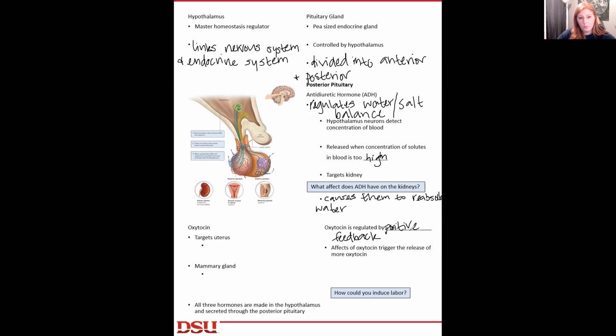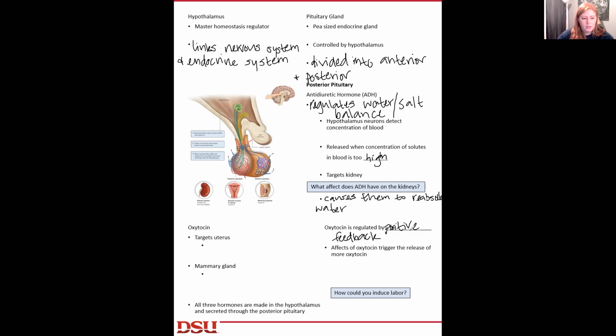Oxytocin is a hormone that's released during birth, because when the baby's head presses down on the cervix, preparing for birth itself, it stimulates the release of this hormone called oxytocin.